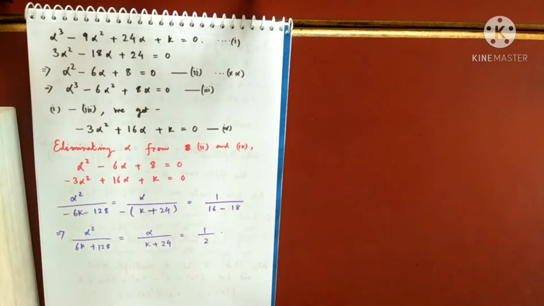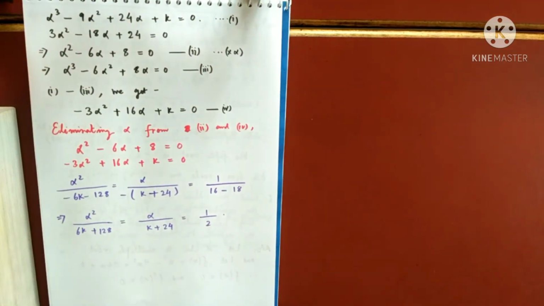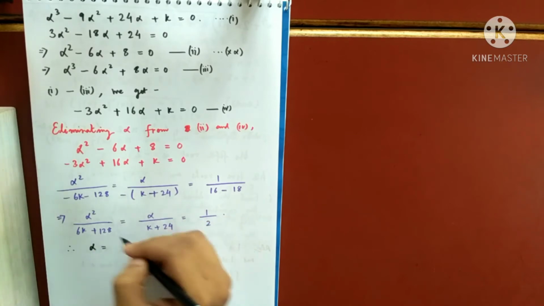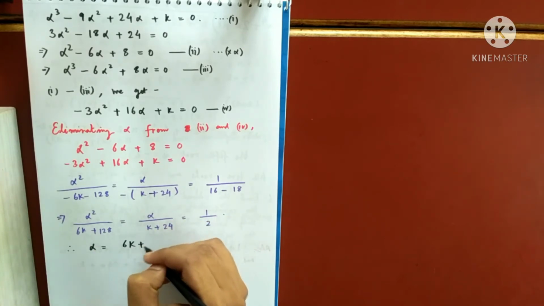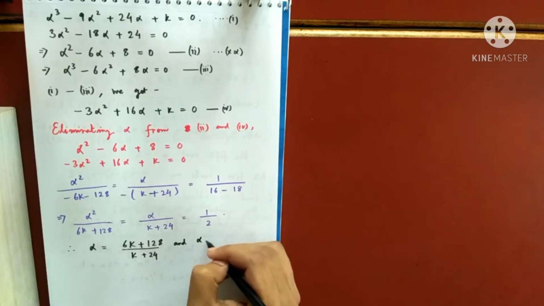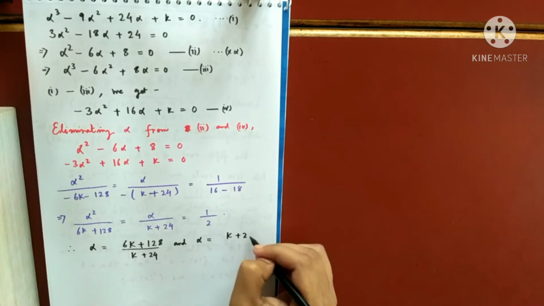So what will I get? From the first two, what is my alpha then? One alpha gets cancelled, so alpha equals (6k plus 128) by (k plus 24), and from the last two, alpha equals (k plus 24) by 2.